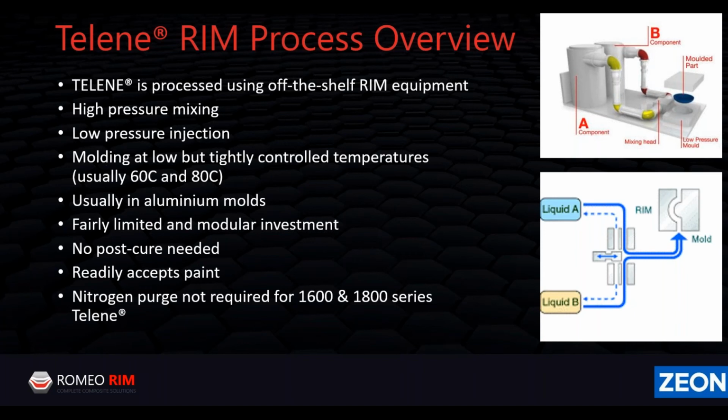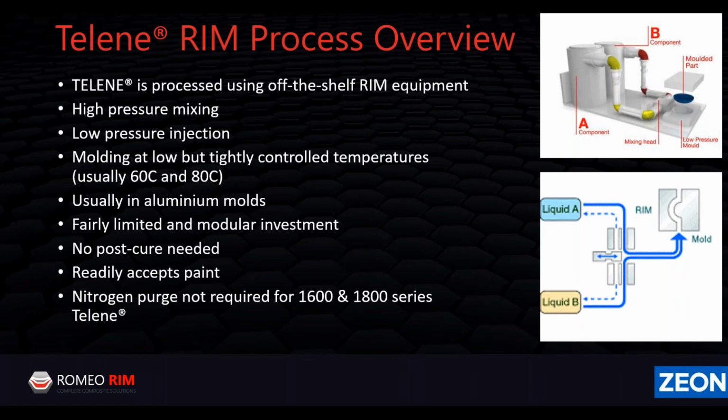Yeah, a little bit about the equipment. Telene is processed using standard reaction injection molding equipment. So similar to the equipment that Romeo uses for polyurethane, exactly the same equipment is used for DCPD. One of the benefits with that is that as an end user and Romeo as your vendor, for example, if your volumes increase, or the material works quite well for your application, and you look for other solutions to other problems using this, having Romeo step up their output for you is really very straightforward.